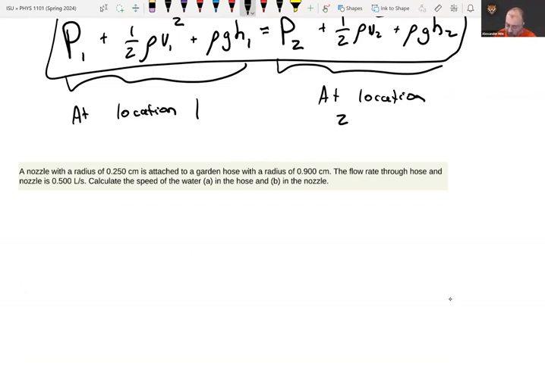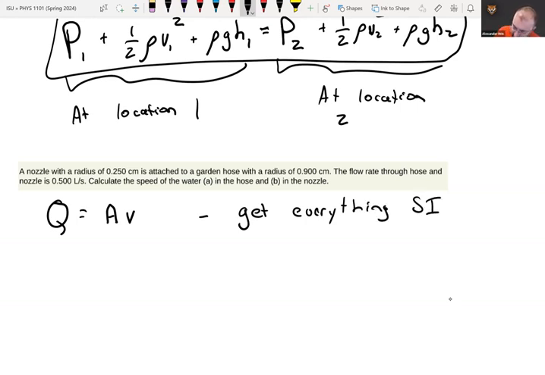Okay, so what you're relying on here is that the flow rate is equal to the area times the speed. And you've got to get your units right. My advice is to get everything in SI units, because if you don't, you're going to wind up with problems.